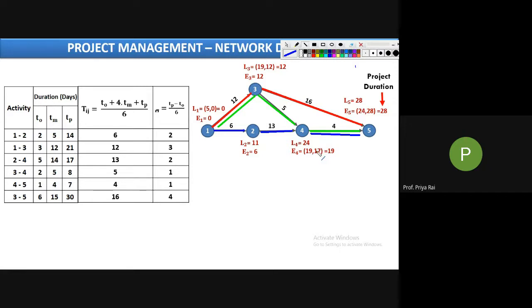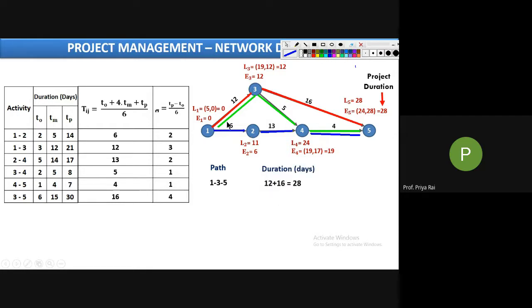Our first path is 1 to 3, 3 to 5. What is the duration for this red color path? Add the durations of these arrows: 12 plus 16, 28.